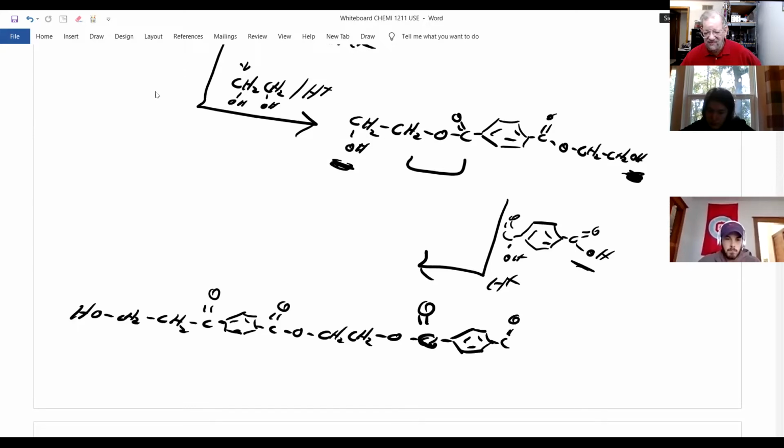And I now have this molecule. And notice at this end, I have an alcohol that can react with more terephthalic acid.